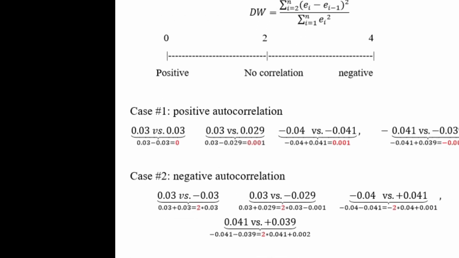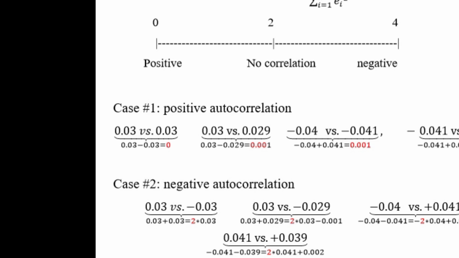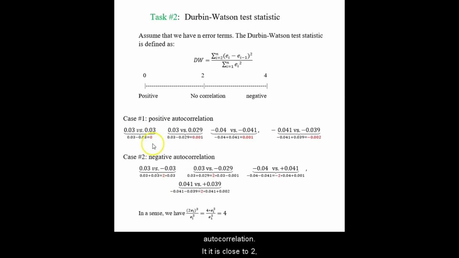Look at the first pair: 3% this period, next period still 3%. The difference is 0. Because they are positively correlated, the difference is quite low. For the next pair, 3% versus 2.9%, the difference is also very, very small.